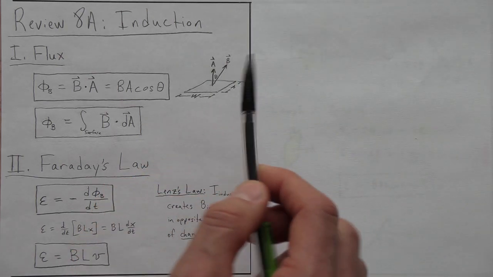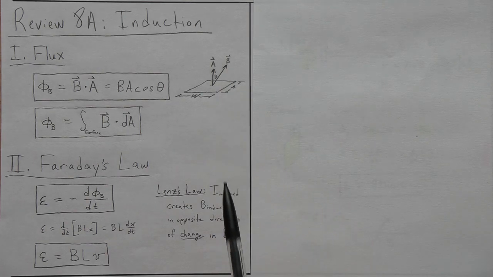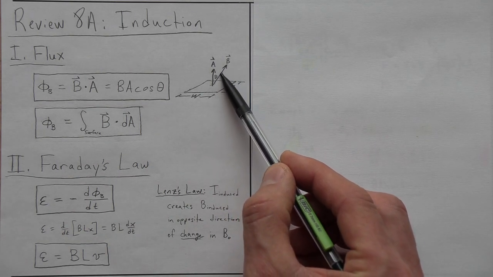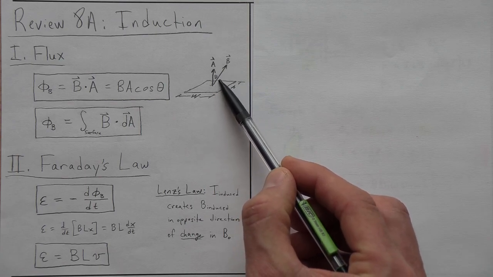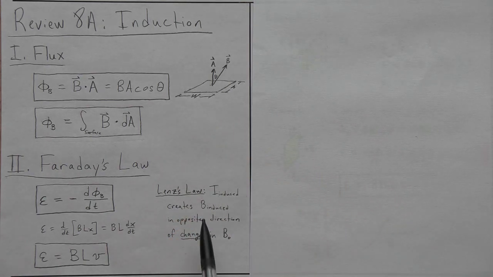The change is actually this way because I'm making the magnetic field smaller. So the I induced will create a B induced that opposes the loss of this. In other words, it'll come out of the loop. And so B induced will be this way, and that's how we figure out the direction of the current. We'll see that more in other examples.